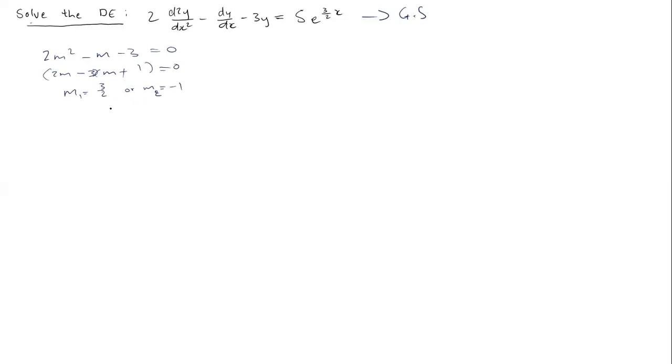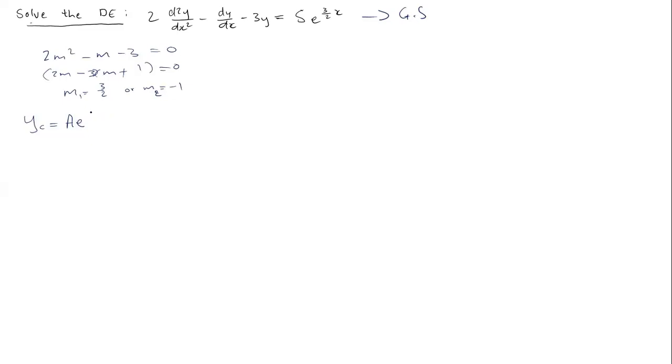So when we have two distinct roots like this, we know that our solution is denoted by the equation for two unequal roots. We have a e to the power of m1 multiplied by x. I'm using x because x is my independent variable, but if I had t there, I would say m1 multiplied by t. If I had w there, I would say m1 multiplied by w.